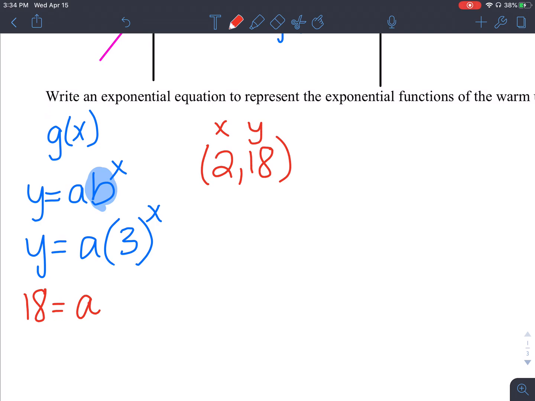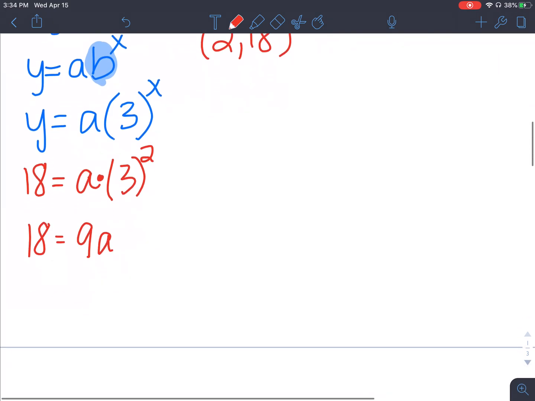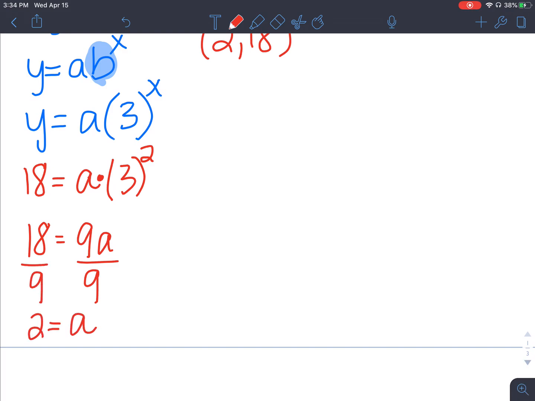I don't know what my a is, and then I have 3 squared. I'm just following my order of operations to solve it. We know that 3 squared is 9, and 9 is being multiplied by a, and whenever we're multiplying by a variable, we like to put that number first. And then I divide, and a equals 2.